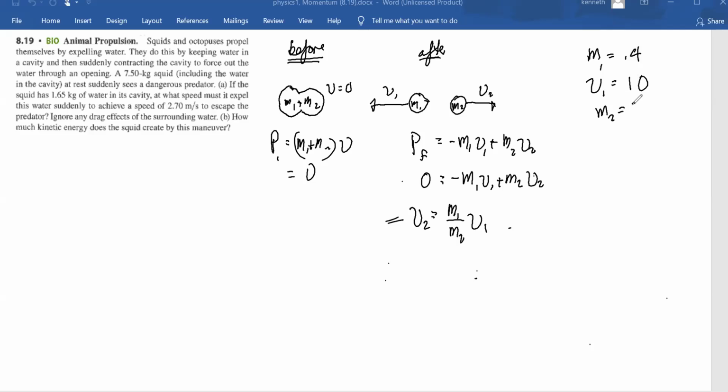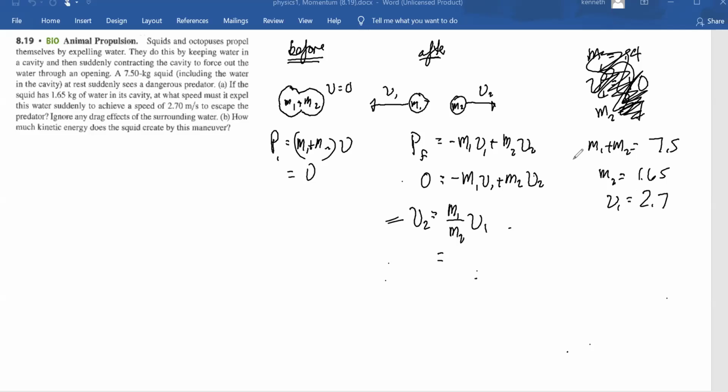Sorry, taking data from 8.20 rather, it's M1 plus M2 is 7.5. Sorry about that. M2 is 1.65. V1 is 2.7. Yes. So now, what does that give us?